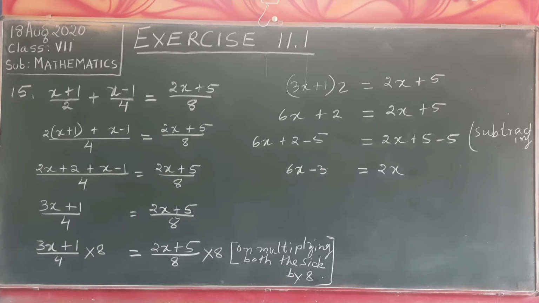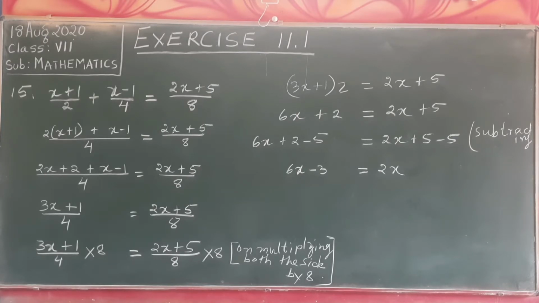So in the numerator, we'll write 2x plus 1 plus x minus 1 is equal to 2x plus 5 upon 8. Now on the left hand side, on simplifying, we get 2x plus 2 plus x minus 1 upon 4. And the right hand side we copy as it is.